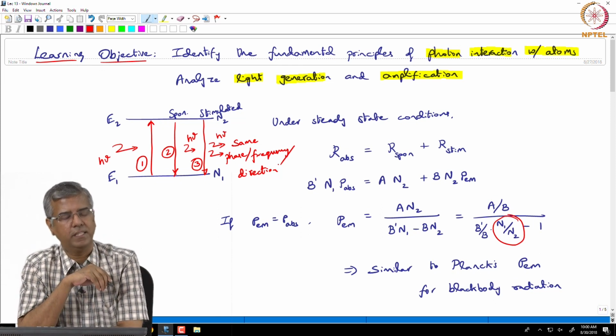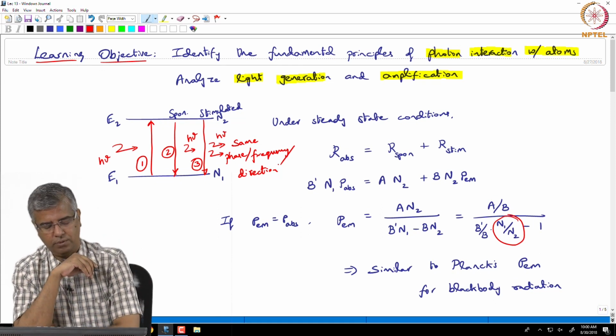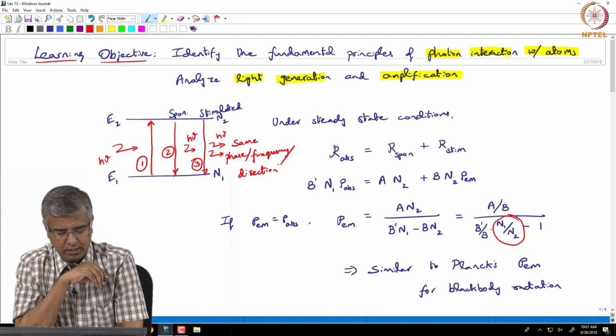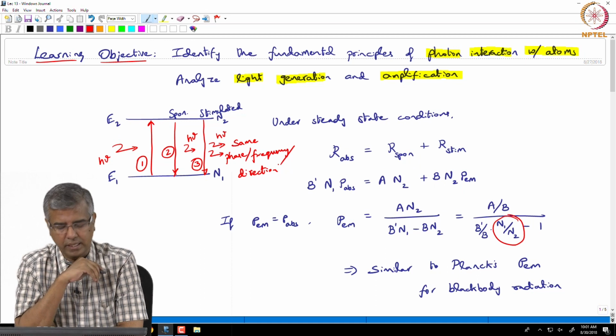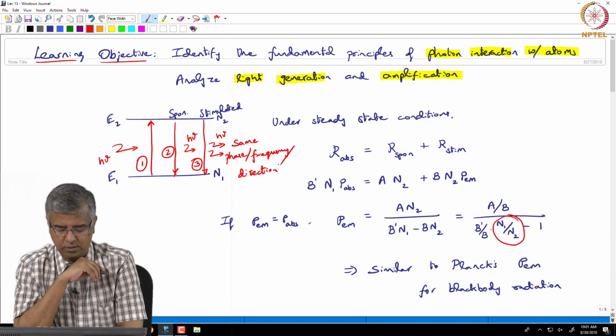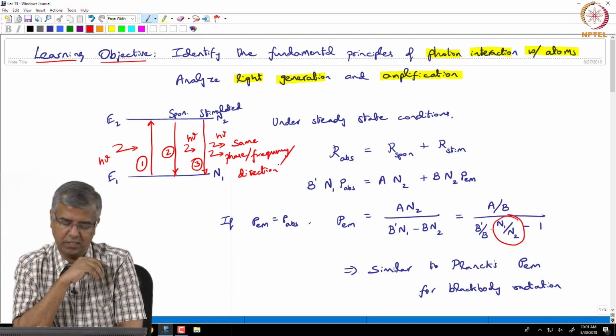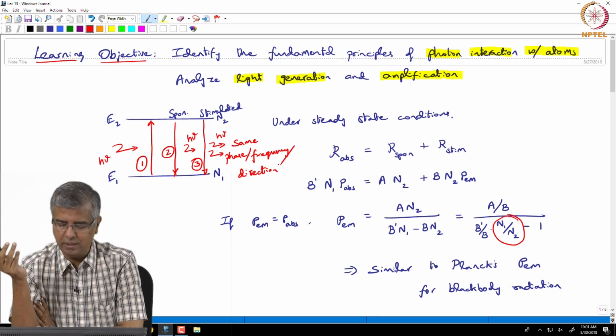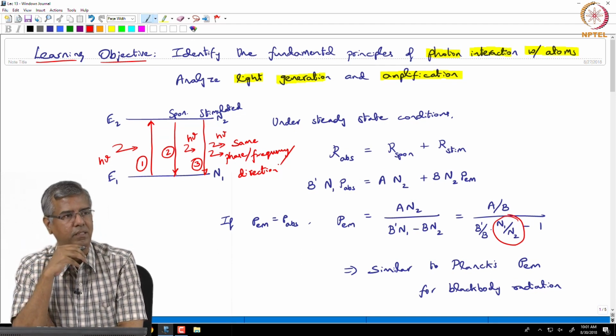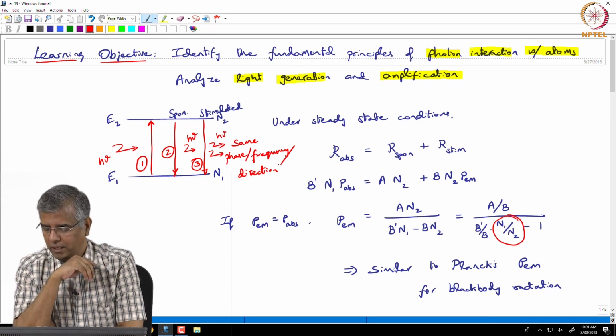The same phase, frequency as well as direction you could get. So, you are essentially having a process that is known as amplification. So, essentially stimulated emission is a key process for amplification.